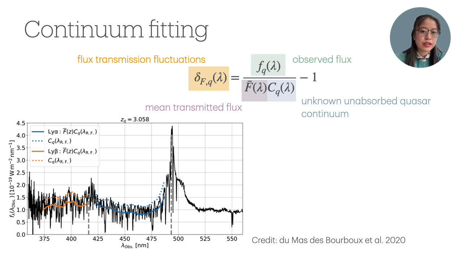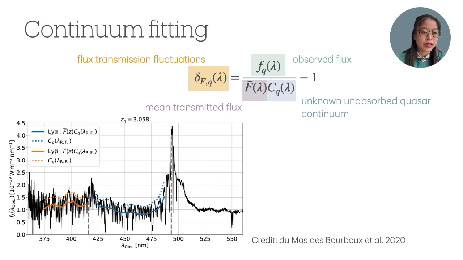One difficulty in this method is continuum fitting. This refers to the process of turning the observed flux into our large-scale structure tracer, delta F. To do this, you need to know the quasar continuum of the unabsorbed spectrum as well as the mean transmitted flux.